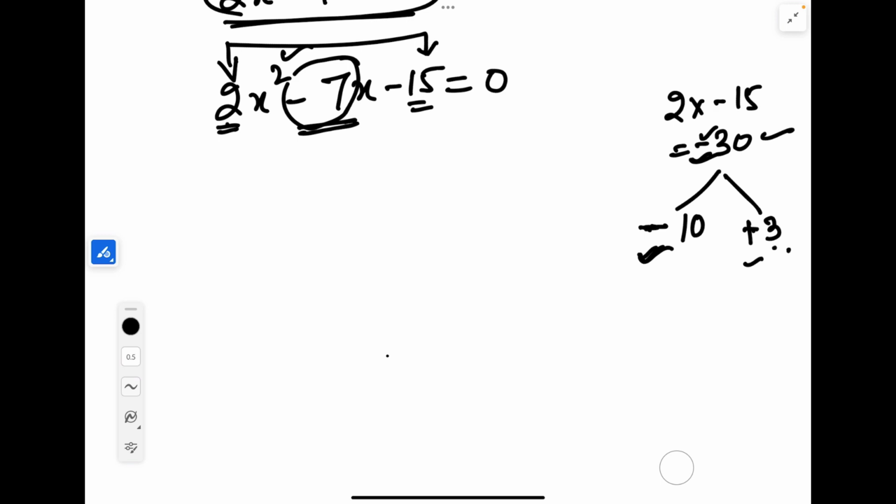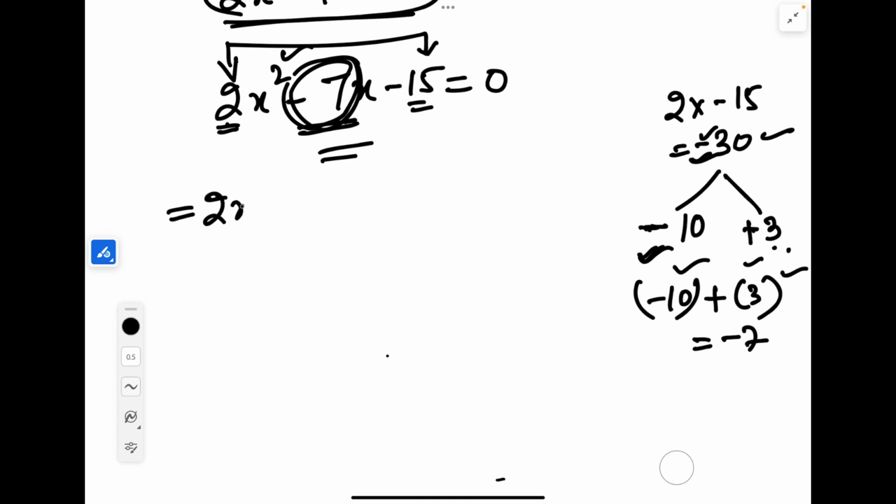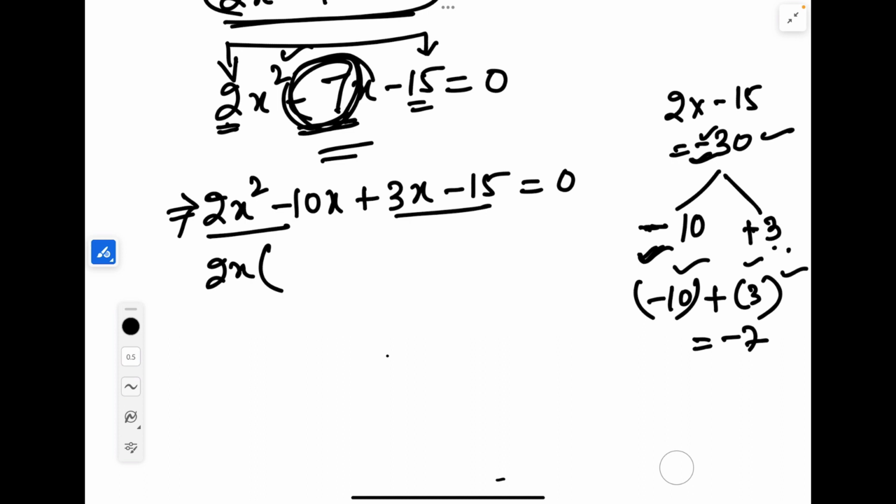Minus 10 plus 3 is minus 7, right? If you add these two factors, we will be getting minus 7, which is the coefficient of x, okay? So we'll write it as 2x square, move minus 7x and write it as minus 10x plus 3x minus 15 equals to 0.